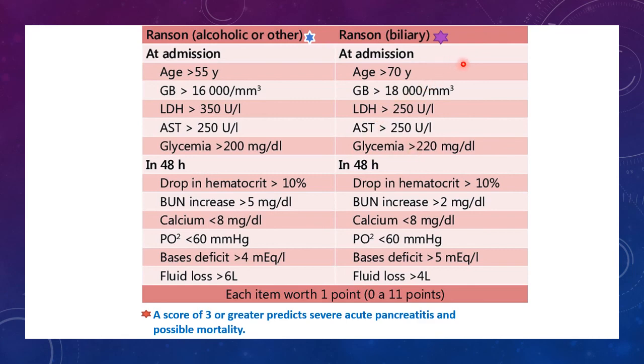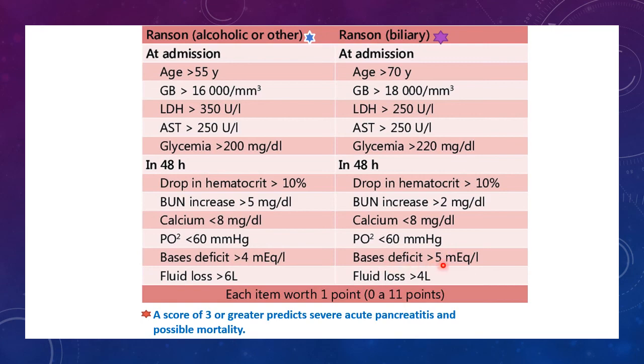If they all rise above these levels, then you give each of them 1 point. And you monitor the patient and repeat the examination during the next 48 hours. There is a decrease of hematocrit of more than 10%, blood urea increases more than 2 milligrams per deciliter, calcium drops to less than 8 milligrams per deciliter, and the arterial saturation of oxygen falls below 60 mm of mercury.